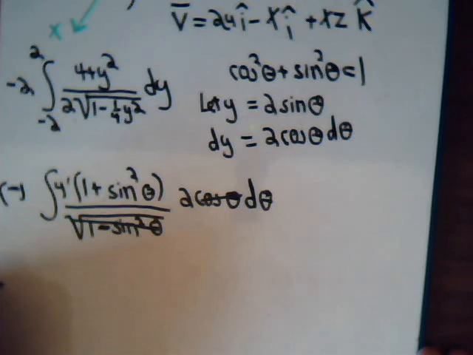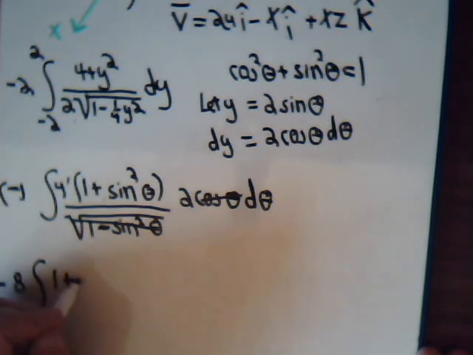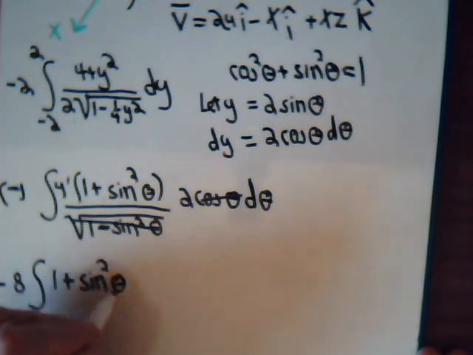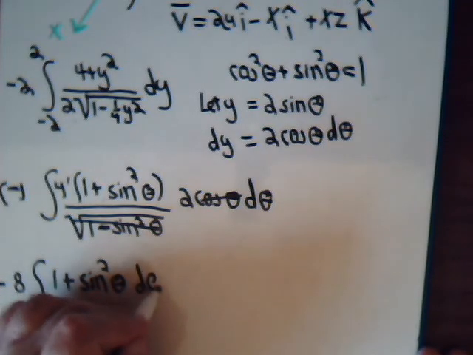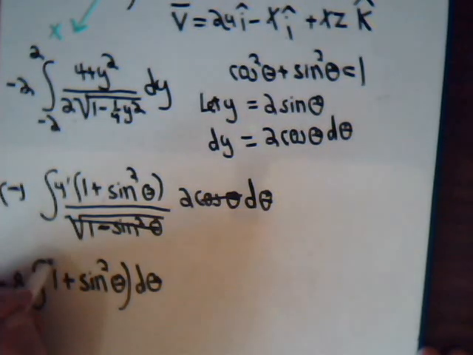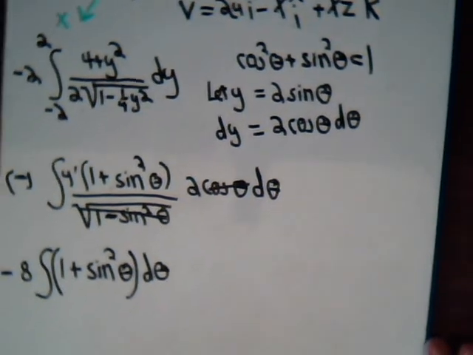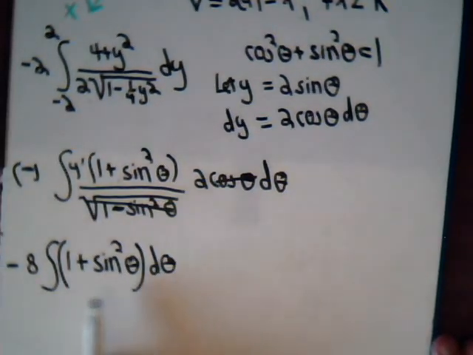So with our trig substitution, we get minus 8, the integral of 1 plus the sine squared of theta d theta. So our line integral now has this form after we did our substitution.